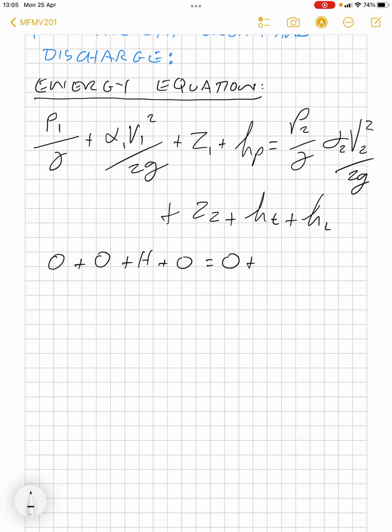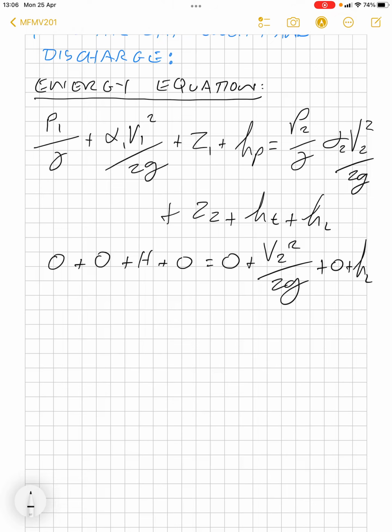In terms of the velocity, we have a velocity V2 squared over 2g. That still stands because we don't know what that velocity is. And we have 0 for the height because we're using the exit of the pipe as our reference point. And then we've got the head loss.